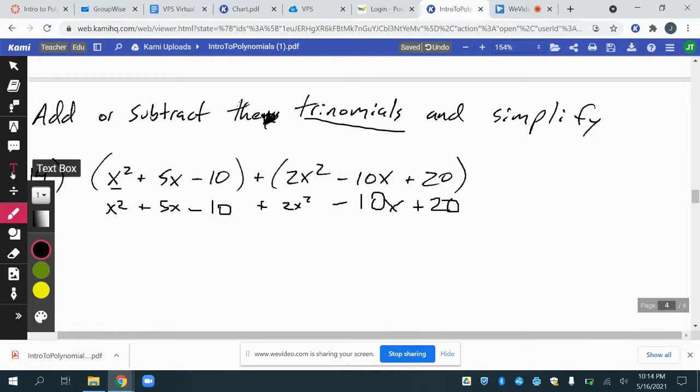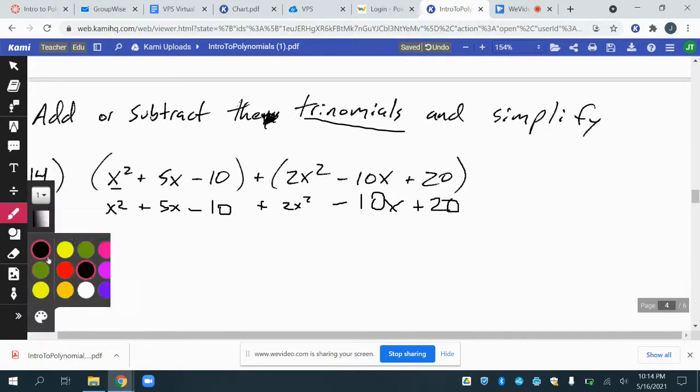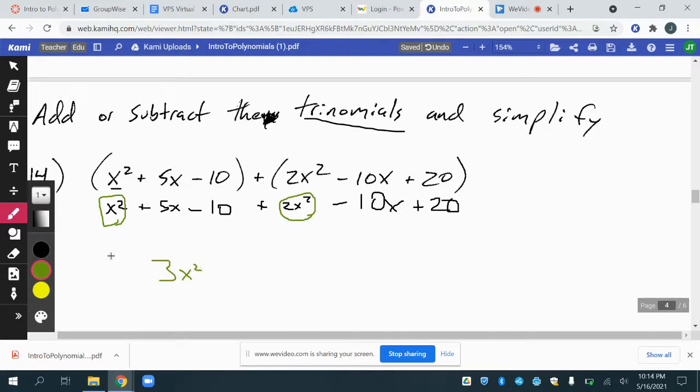Well, I just need to make sure that I'm going to circle things. I'm going to circle the x squareds. There's 1x squared and 2 more x squareds for a total of 3x squareds. And then I'm going to go over and look at the x's. Well, I have 5x's minus 10x's for a total of negative 5x's.